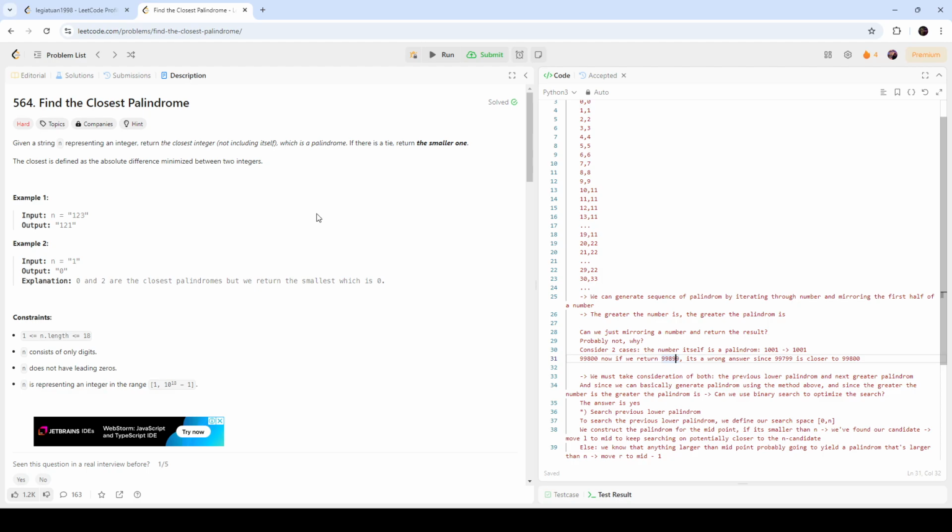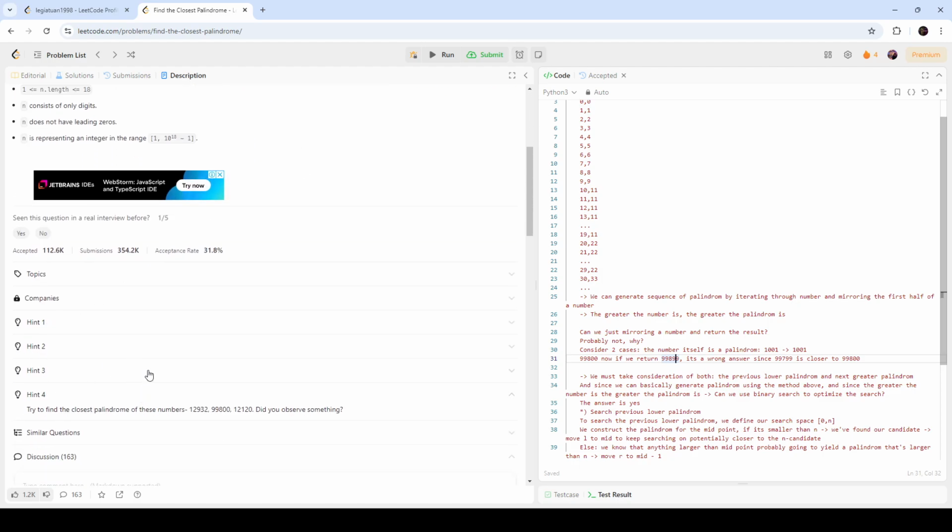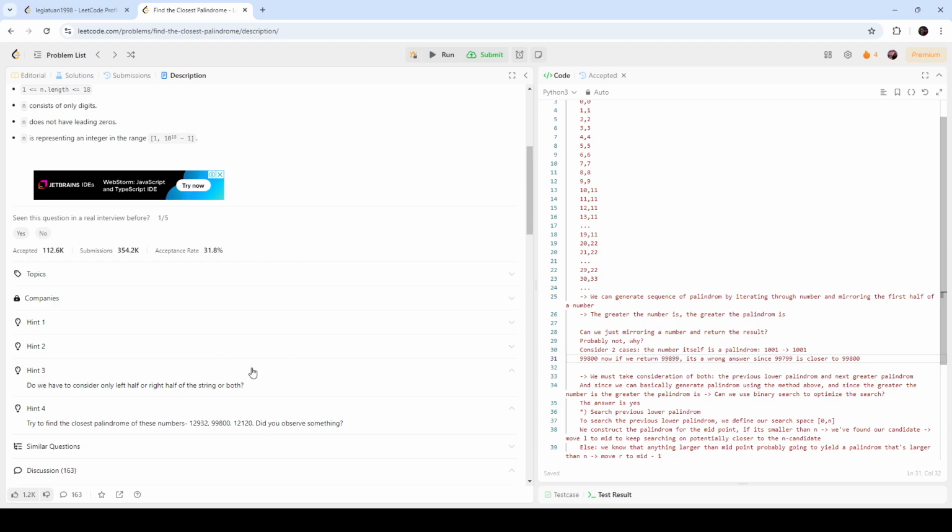So what does it suggest? Taking a hint, do we have to consider only the left half, the right half, or both? The answer is that we must take into consideration both the previous lower palindrome and the next greater palindrome.